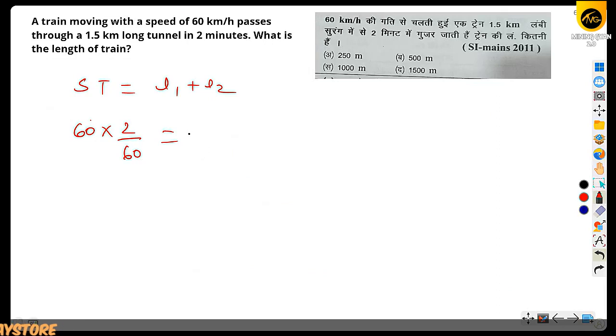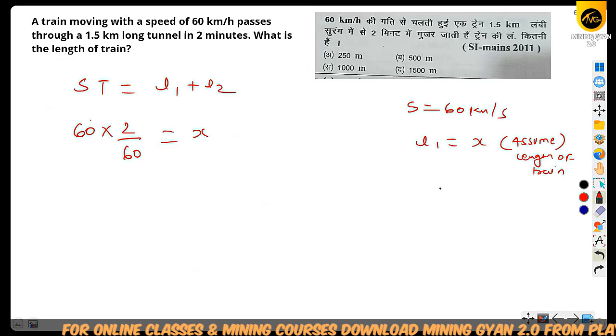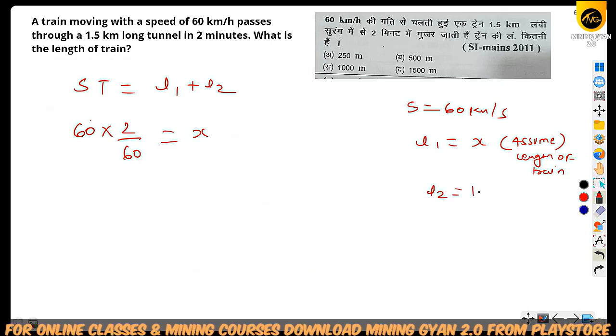Okay, so what is L1? Basically L1 is the length of train. S is equal to 60 kilometer per hour. L1 is basically, we can assume X, which is the length of train, and L2 is 1.5 kilometer, which is the length of tunnel, and the time duration is given, which is 2 minutes.